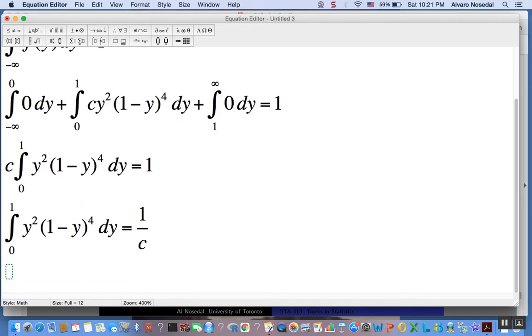Now, I want you to take a close look at this expression. Finding that integral is not that hard, but it could be time consuming. But I'm going to show you a trick that we're going to be using in the future. It's a trick that is frequently used in Bayesian statistics.